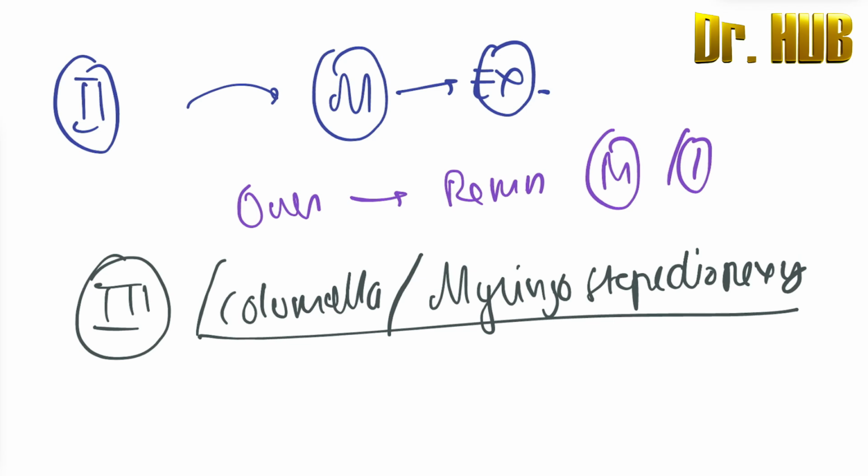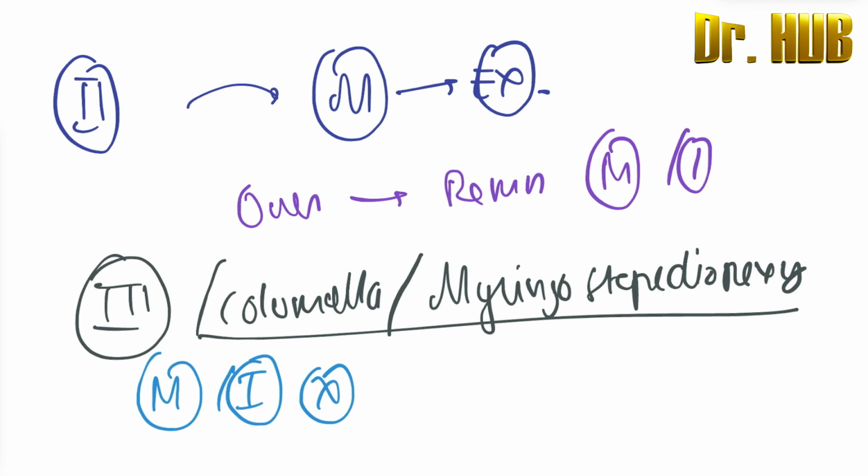Here the malleus and incus are absent. In type 1 everything was intact, then the malleus is eroded, then the malleus and incus are absent. So type 3 means the malleus as well as the incus are absent. The graft is placed over the stapes suprastructure.